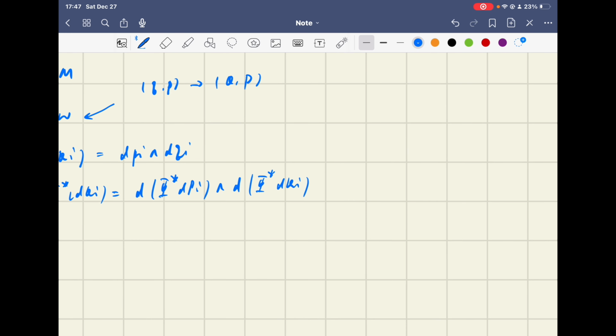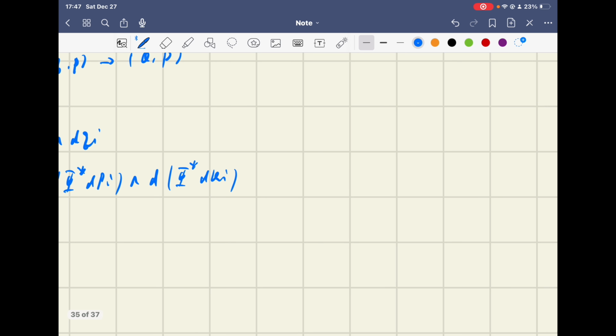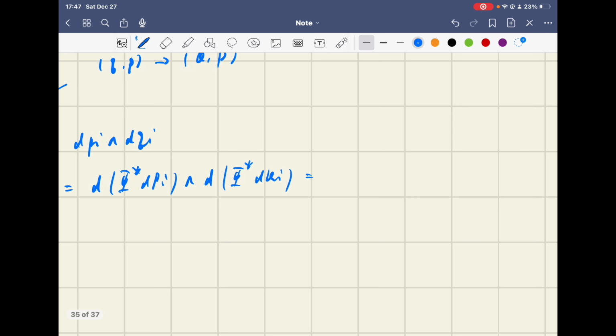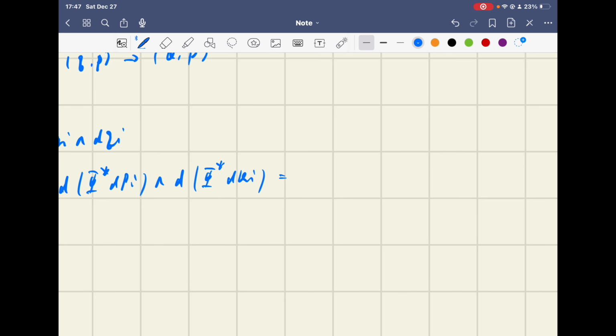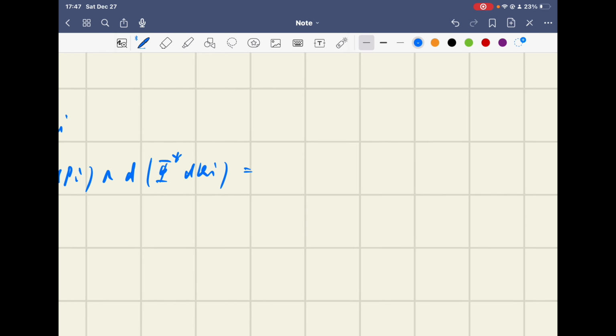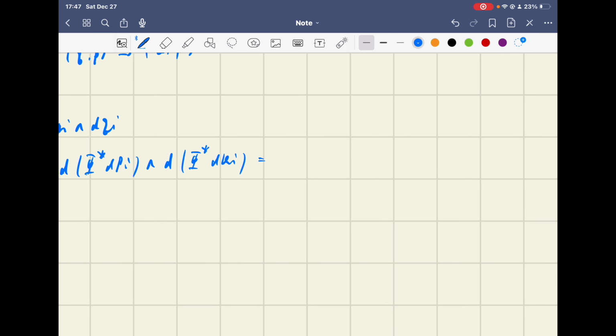And the pullback of dp_i and dq_i, simply writing p_i and q_i in terms of q and p, because you're writing the new thing in terms of the old coordinates. That's essentially the definition of pullback.